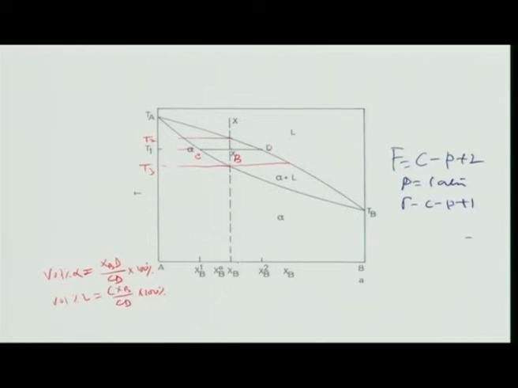Why? Because liquid is on the right side, so I take the arm on the left side. So you take the opposite arm. If your phase is on the right side, you take the arm on the left side of the fulcrum. If your phase is on the left side, you take the arm on the right side of the fulcrum. And this is known as the lever rule.